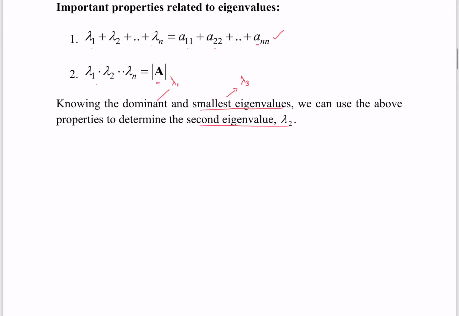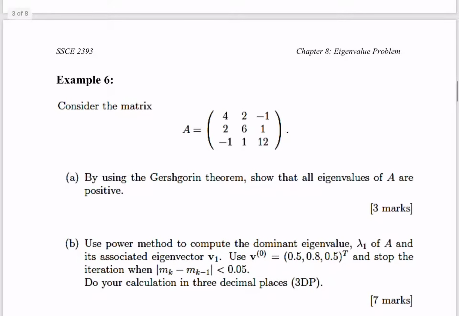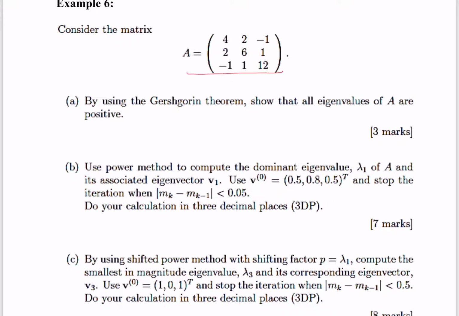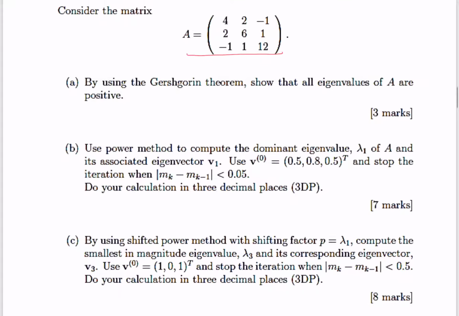Okay, now let's look at example 6. We consider the matrix A, and we need to show first, by using the Gershgorin theorem, that all eigenvalues of A are positive. So, as we discussed yesterday, for A here, we need to use the Gershgorin theorem.